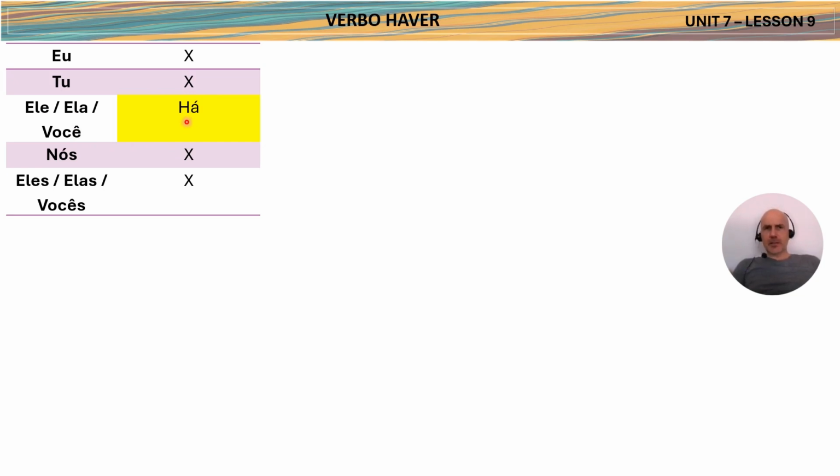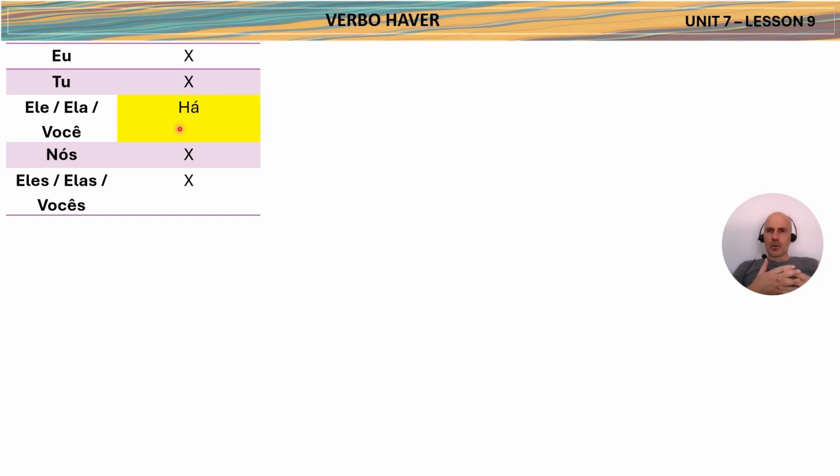So don't forget that this H is completely silent. So it's not ha, it's just á, okay? So if you're reading the alphabet, you would say A, B, C. So that a that you have to say when you're saying the alphabet in Portuguese is the same a that we have here, okay? Exactly the same. So the H is completely silent.